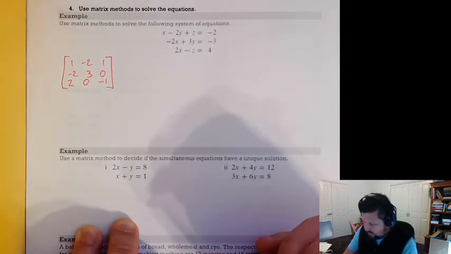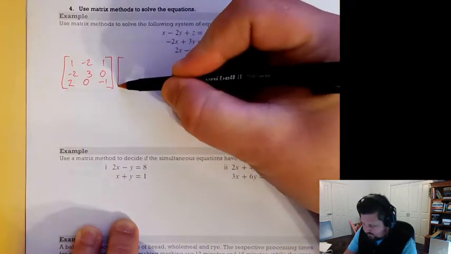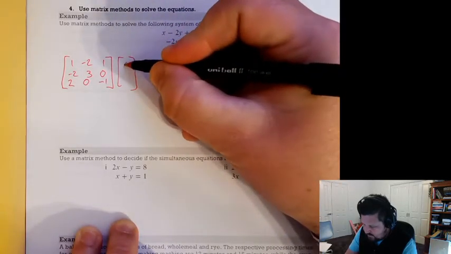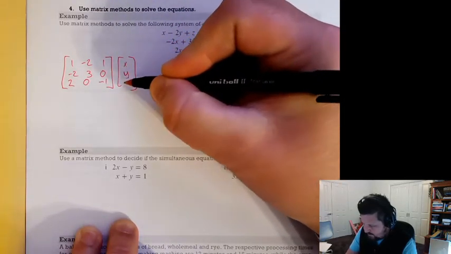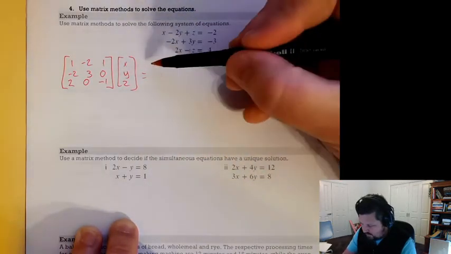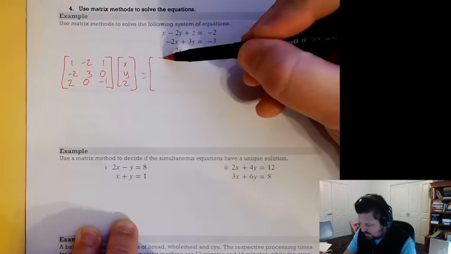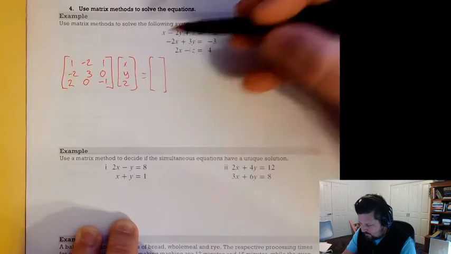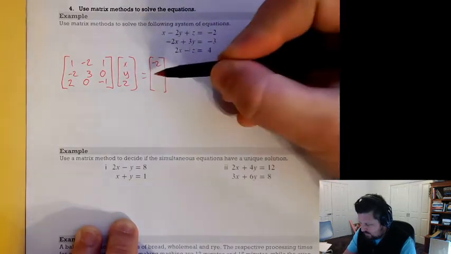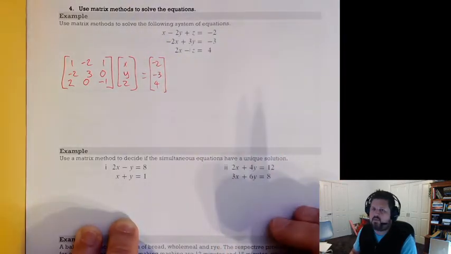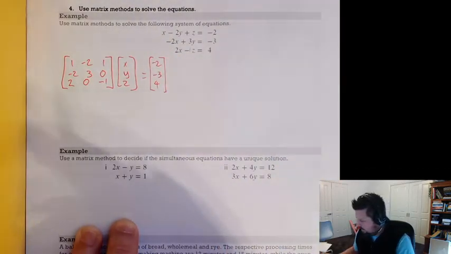Next, we're going to write out what those variables are. We're dealing with x, y, and z. Then we're going to write down an equal sign and what each of those are equal to. So the first equation was negative 2, this one was negative 3, and this one here was 4. Cool. So that's the first part, just setting them up into the matrix format.